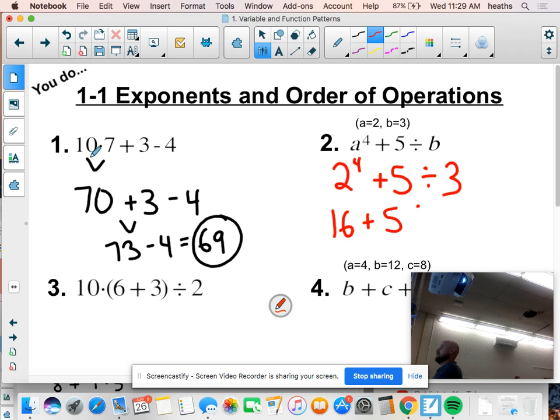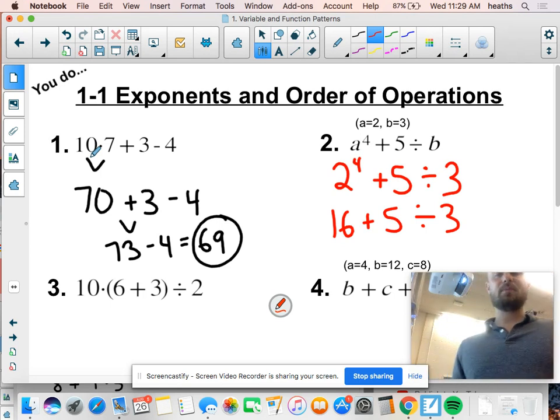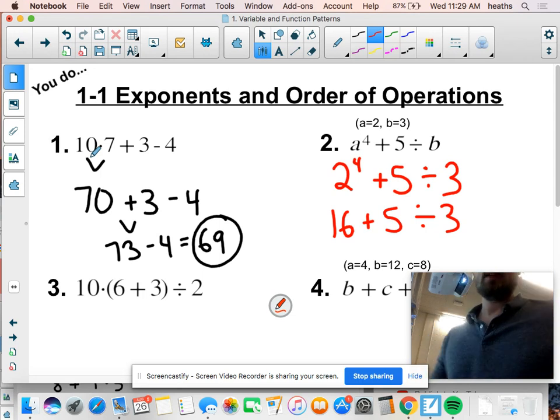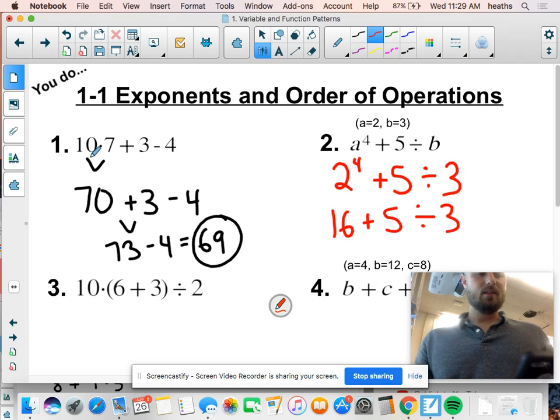Drop the rest of our problem down. So 16 plus 5 divided by 3. 5 divided by 3 is not going to be an even number.